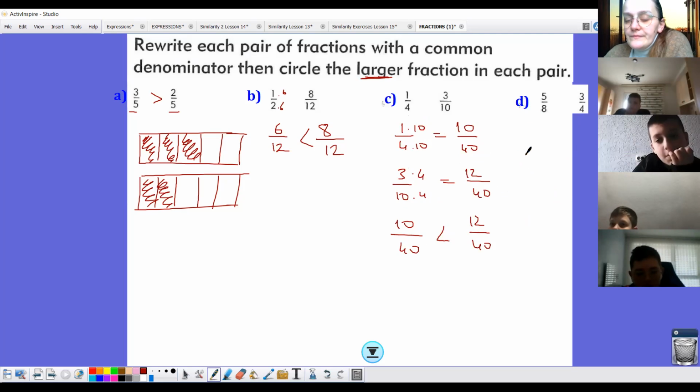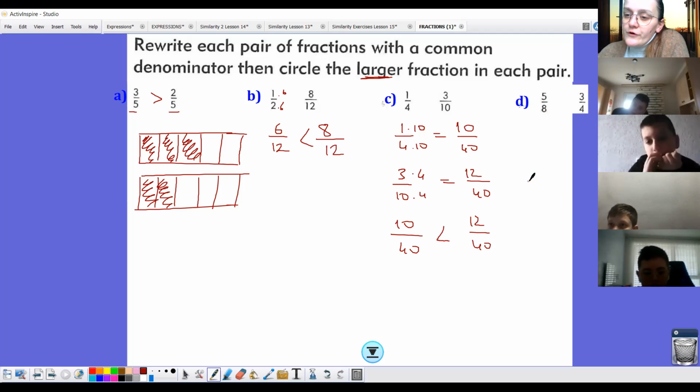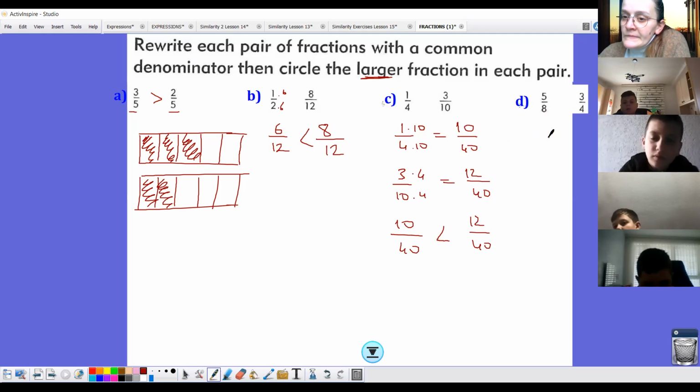In D, what will we do? One of them is 5 out of 8, the other one is 3 out of 4. Yes, Arjun, what do you think? What can we do here? 8 you can divide by 4, but 5 you cannot divide, so you cannot do anything here.